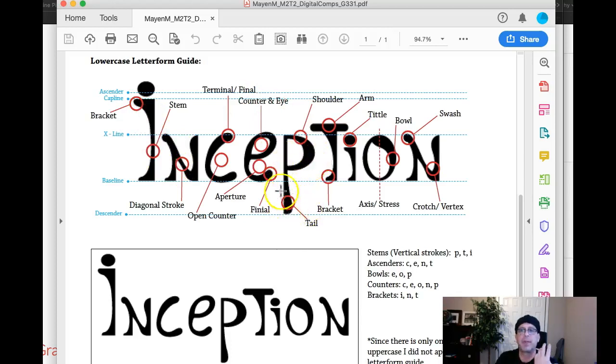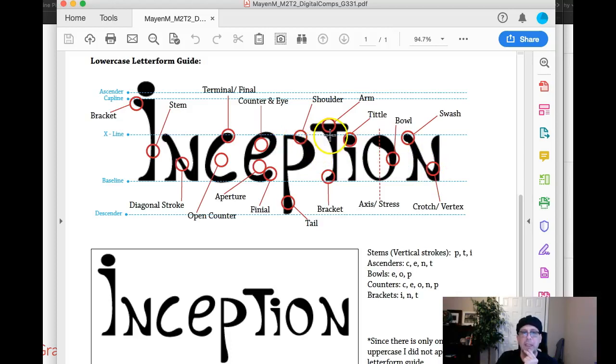For example, the descender can be duplicated for other letter forms, any descender really. The curved bowls and open counters can be duplicated. The diagonals and the crossbars and the arms and the shoulders can all be duplicated for different portions of the letter forms. Okay, and I think that is really important.